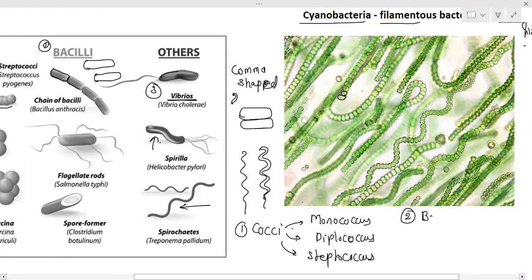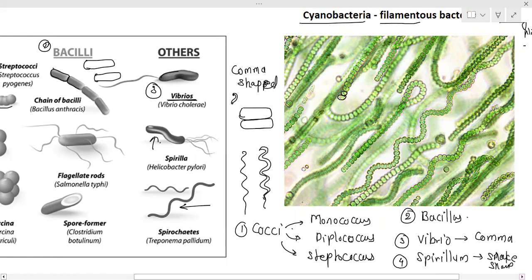Then we have bacillus. Thirdly, we have vibrio, that is comma shape. Fourthly, we have spirillum. That's it. Spirillum is like a snake shape, vibrio is like a comma shape, and bacillus is like a small rod shape. Understanding? Clear?